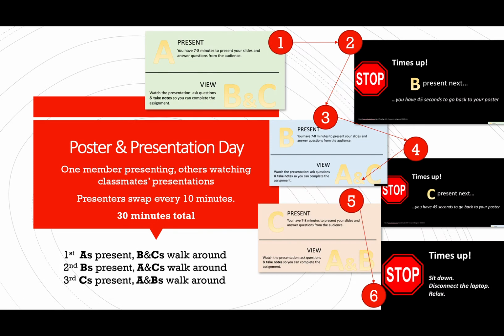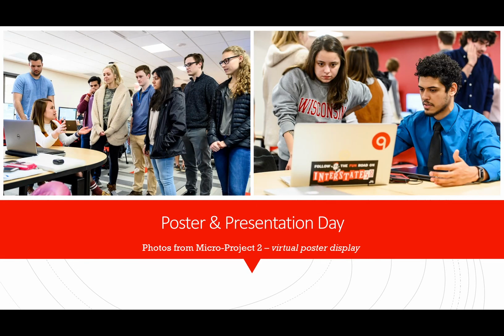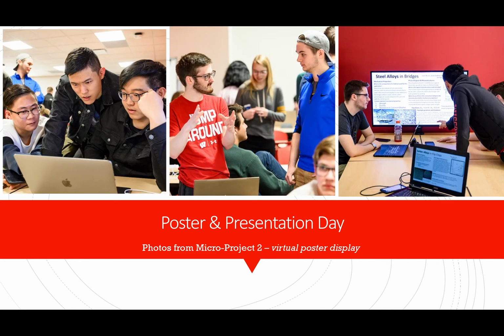When we had a group of 3, we divided them into A, B, C. And so A presents and B and C wander around. And then after 10 minutes, they switch the location. And these are some poster presentation pictures. Very fun and interesting. The students loved it.